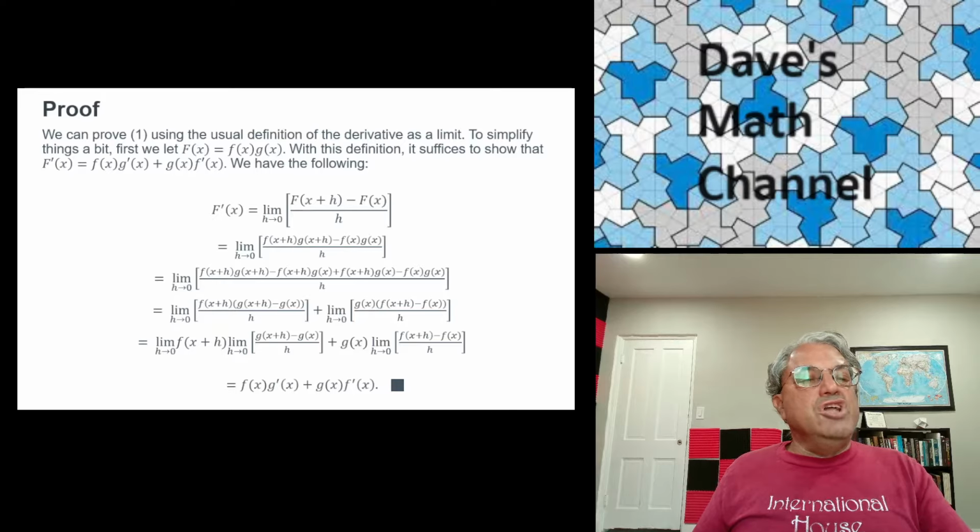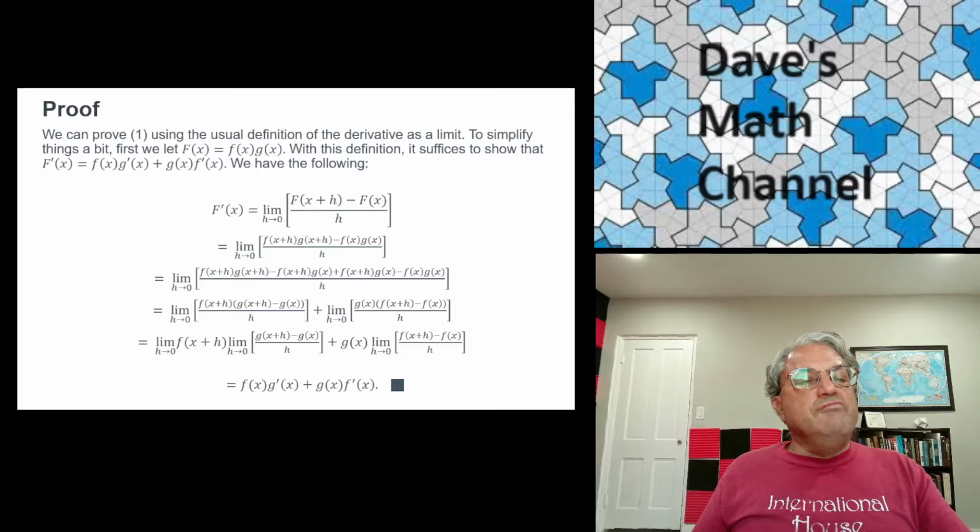We get capital F prime of x. Now I'm using Newton's prime notation. So F prime of x is equal to the limit as h goes to 0 of capital F of x plus h minus capital F of x over h. That's nothing but the definition of a derivative of capital F. So now let's simplify this expression. On the second line, I'm plugging in what capital F is.